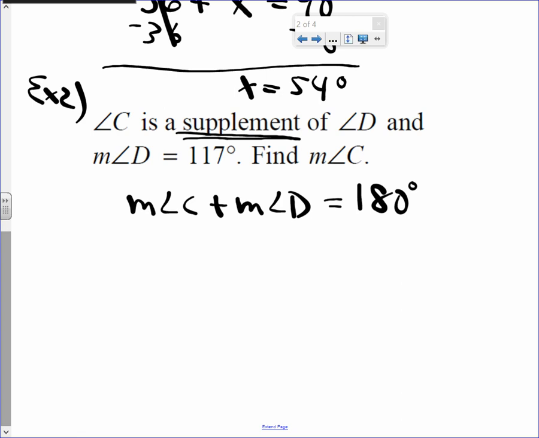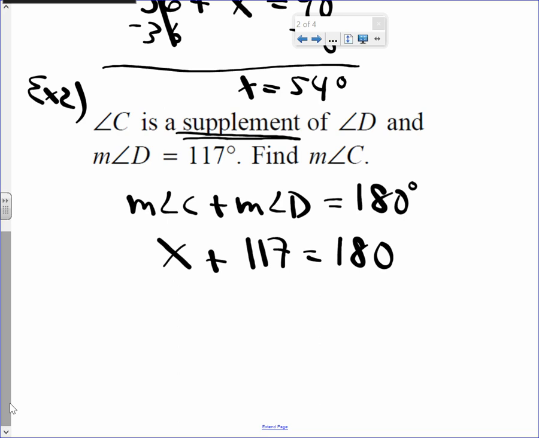Let's plug and chug. Do we know angle C? Do we know what it is? As it stands, we don't. I label it X, or any variable you want. It doesn't have to be X. Angle D, though, is 117. Look at this. Equals 180.